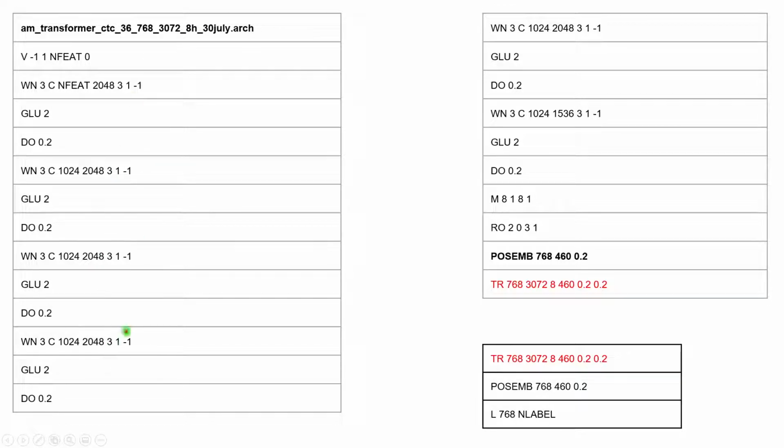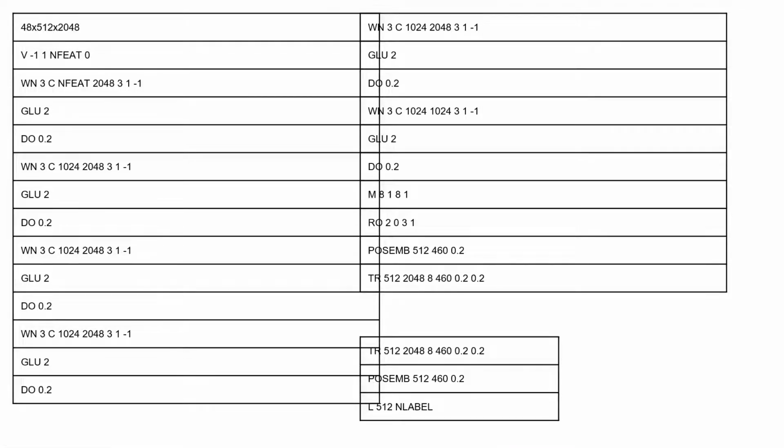These are the initial convolution layers, and then you come here, which is the number of layers. This row has to be repeated for the number of layers you have. I'm talking about 36 layers, so this entry will be there 36 times, these two will be total 36 times, and this is the output label. So this is one architecture file which I have shown here, from practical work.